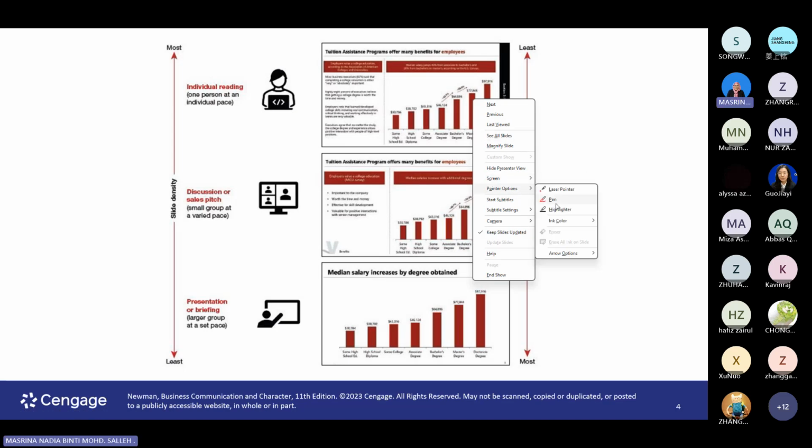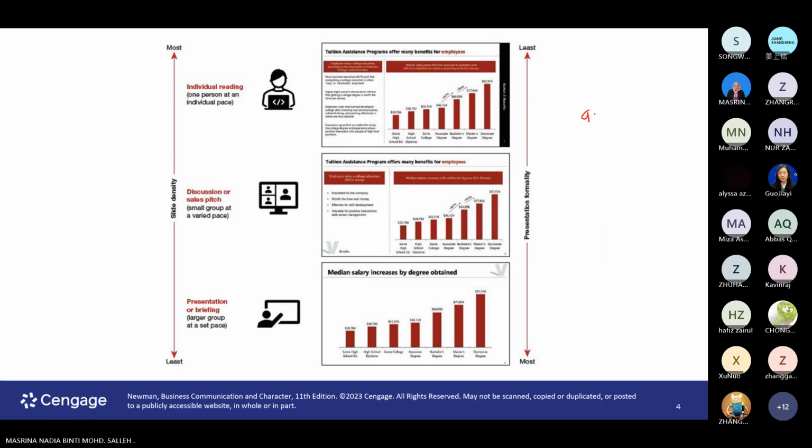I took images or graphs, basically a design, last year.